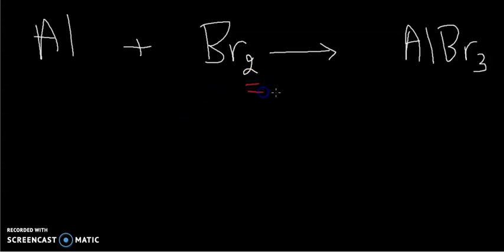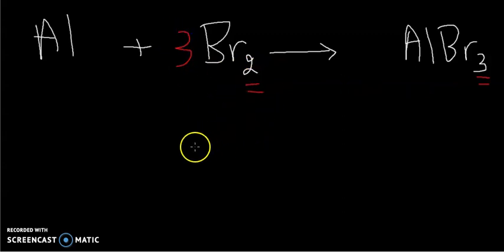For bromine, here I have 2 and here I have 3. How can I balance them? Whenever you have 2 and 3 on opposite sides in reactants and products, this 2, you should make it a 6 atom, and this 3, you should make it also a 6. How? 2, I'll put here a 3.